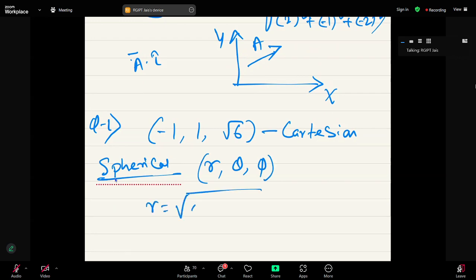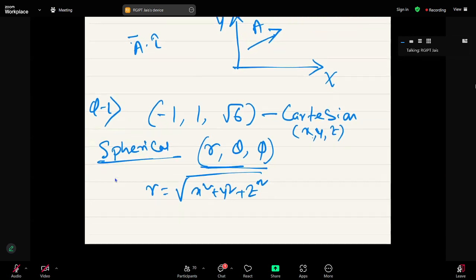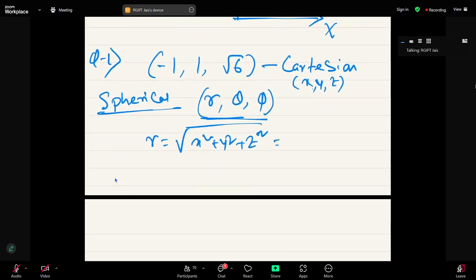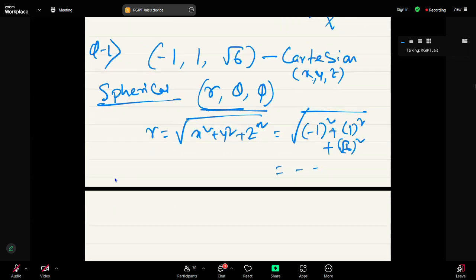If in Cartesian the coordinates are x, y, z, and in spherical they are r, theta, phi, then r is basically √(x square plus y square plus z square). So this will be √((-1) square plus 1 square plus √6 square). Whatever the value, that is the value of r.